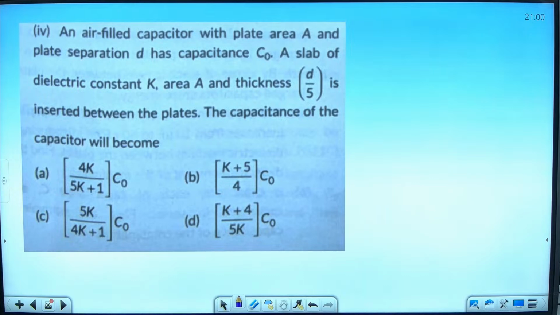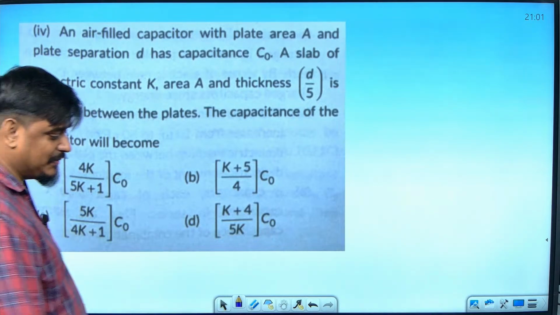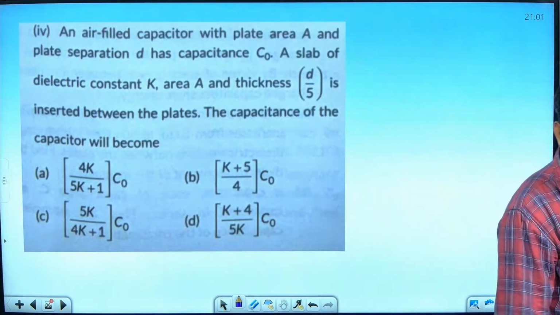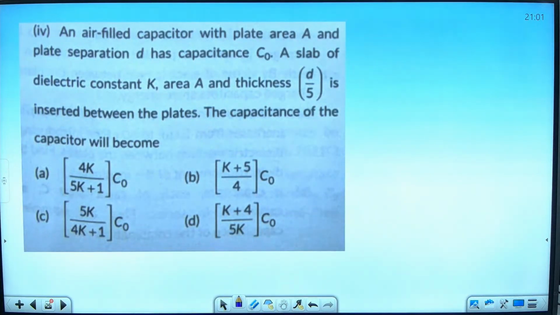Solve it and get the answer fast. If you solve using this formula, you will get the answer. Here T is thickness and small d is distance between the plates.